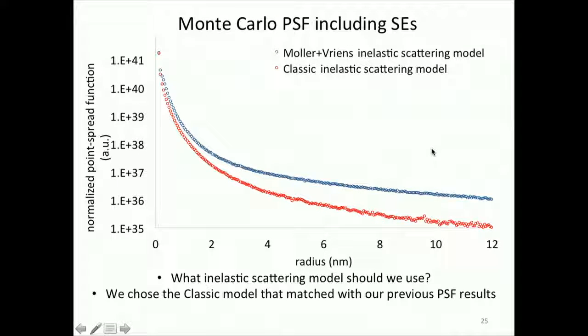The difference is that the Moeller plus Vriens model has a higher cross-section, leading to a wider PSF. Nevertheless, we chose to use the former inelastic scattering model because we compared results of lithographic PSF with simulations, and previously this model agreed really well with our results.